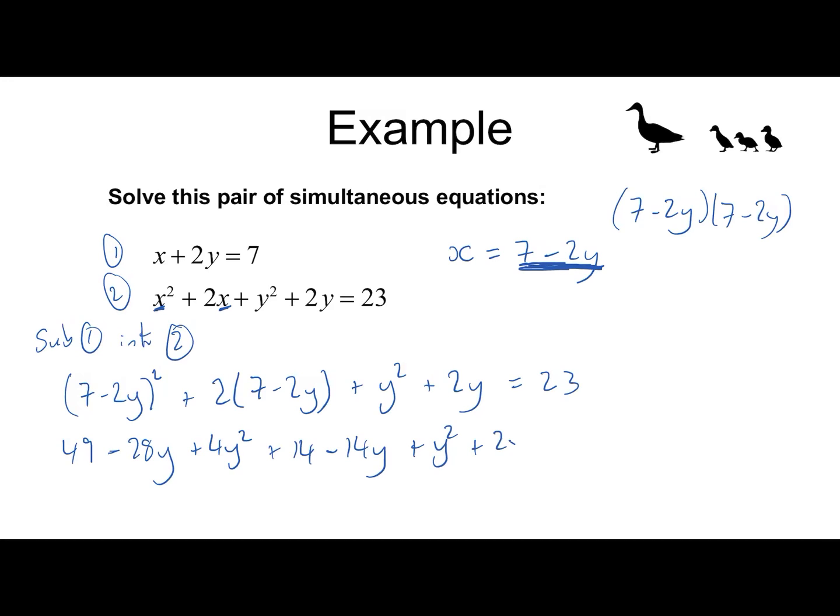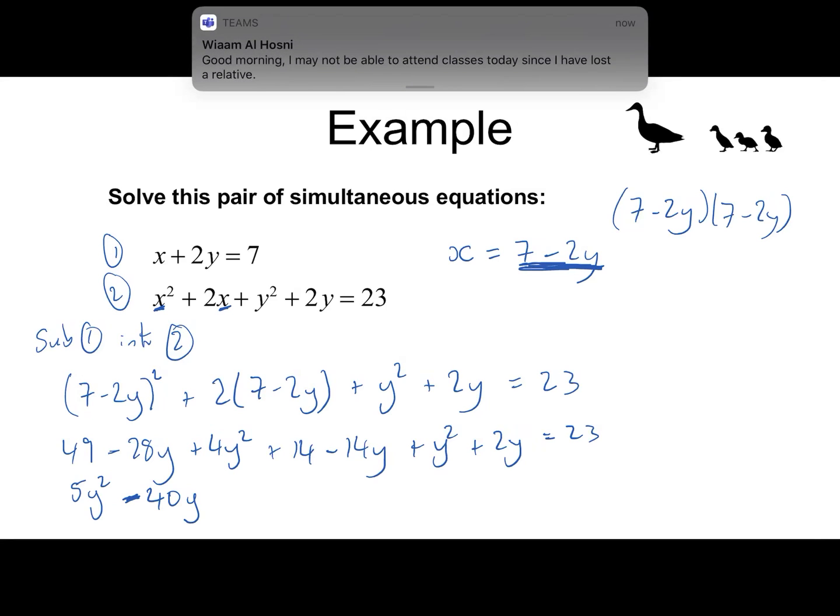Plus 14 minus 14y plus y squared plus 2y equals 23. Let's collect together y squared. I've got 4y squared plus a y squared. That's 5y squared. Now let's collect together y's. I've got minus 28y minus 14y is negative 42y plus 2y is negative 40y.